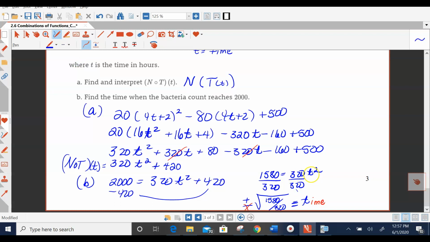So to solve this for t squared, I divide both sides by 320. And then to get rid of the square and get time by itself, I need to square root both sides. And when I do, I'm square rooting the result of 1580 divided by 320. And remember, when you square root both sides, you get a plus or minus.